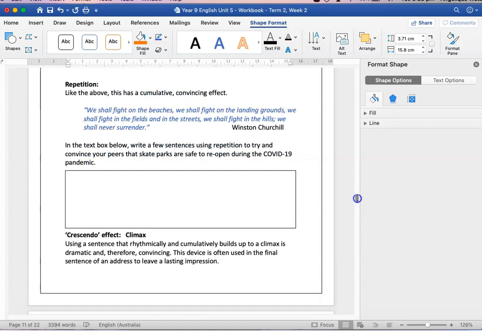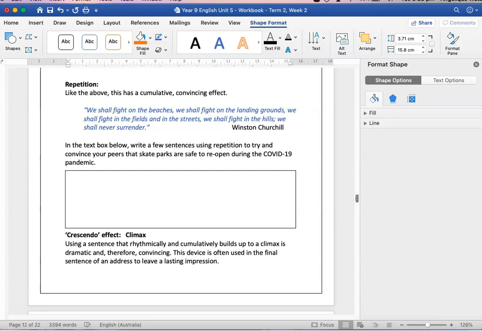Okay, the next one you should also be familiar with is repetition. Similar to the balance effect mentioned above, this has a cumulative convincing effect. Cumulative means it adds up over time as you're speaking. The words add on to the previous thought. We shall fight on the beaches.